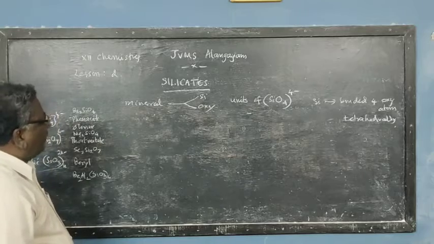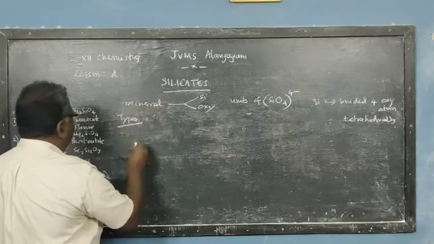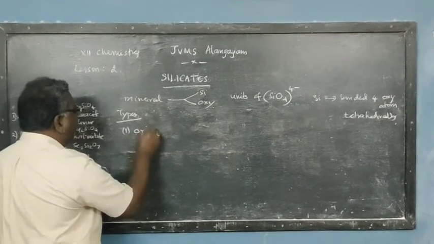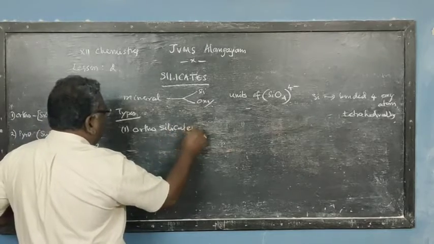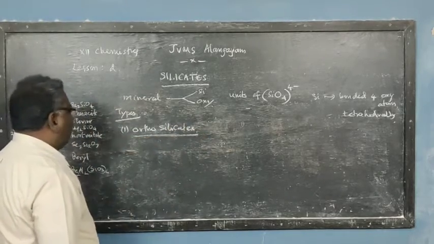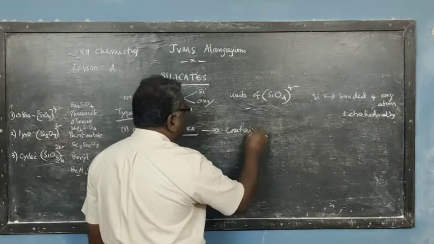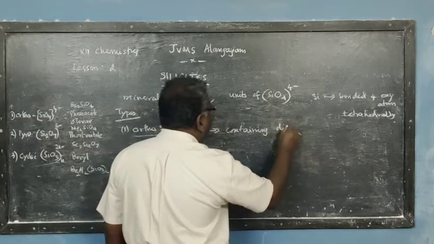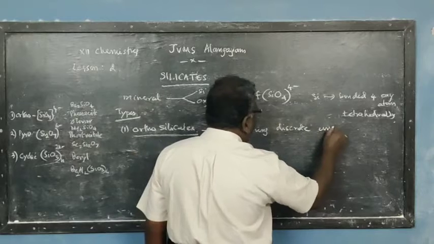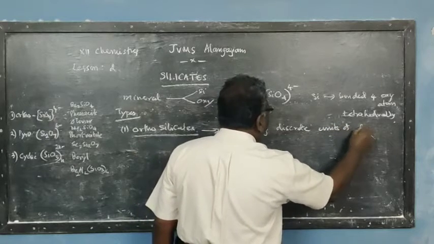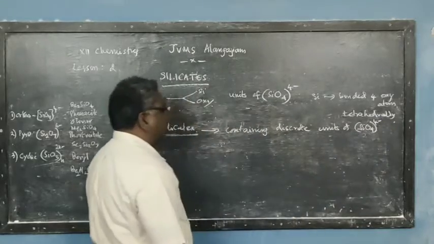And after that we move to the types of silicates. Under the types of silicates, the first type that we are taking up is orthosilicate. Orthosilicates are the silicates containing discrete units. Discrete means separate units of SiO4 4- units.